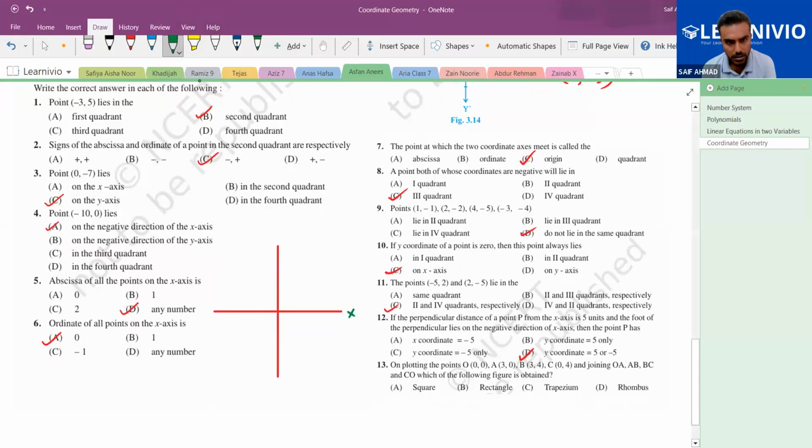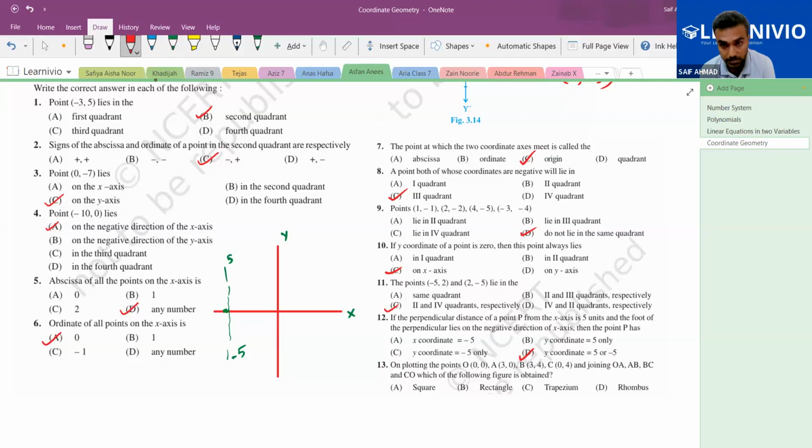This is the x-axis, this is the y-axis. The foot lies on the negative direction of the x-axis. So this can be +5 or -5. The foot lies on the x-axis.